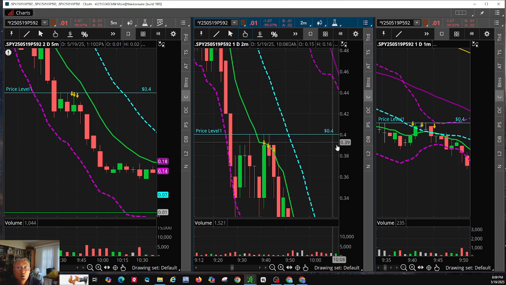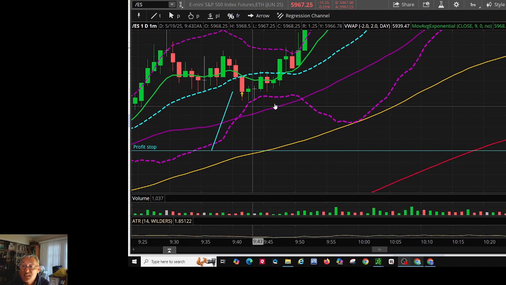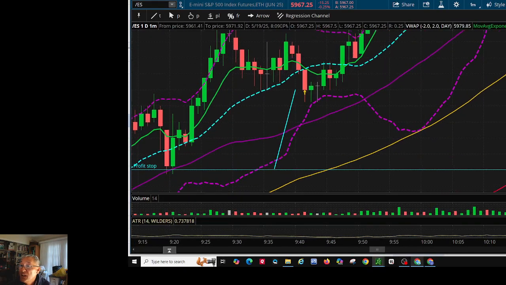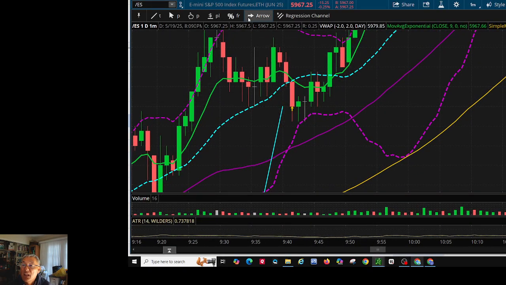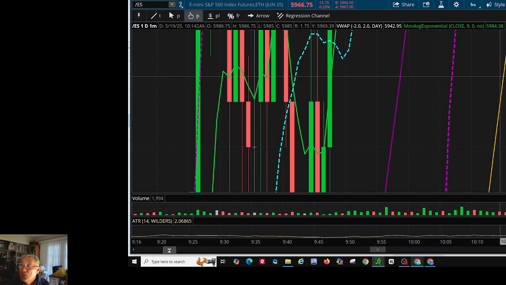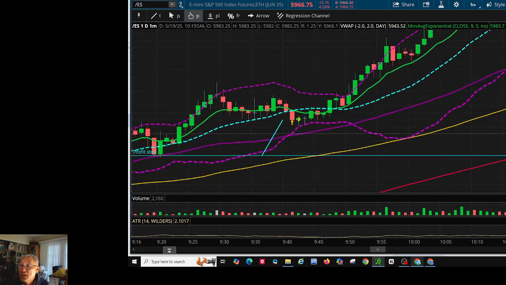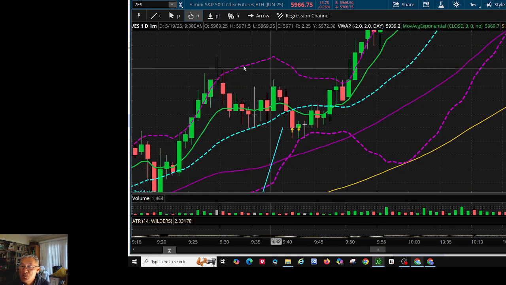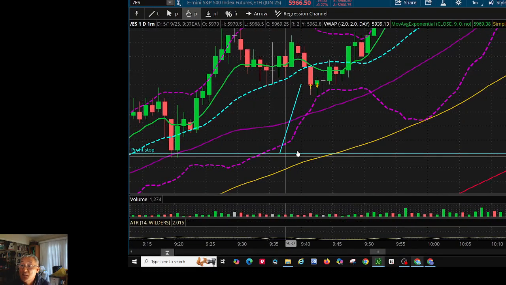What that would look like over here on the ES is that you might enter here and here, and then from that point, once you enter a little bit more there, you're increasing your size. Then you're going to want to tighten up your window.